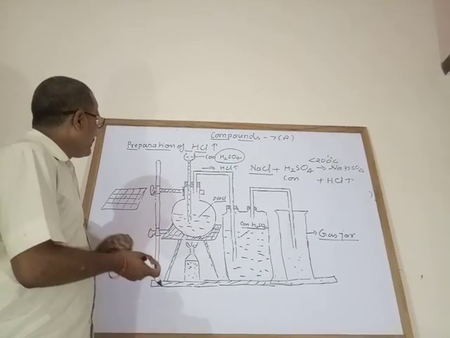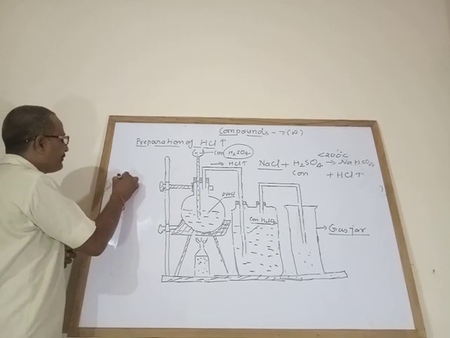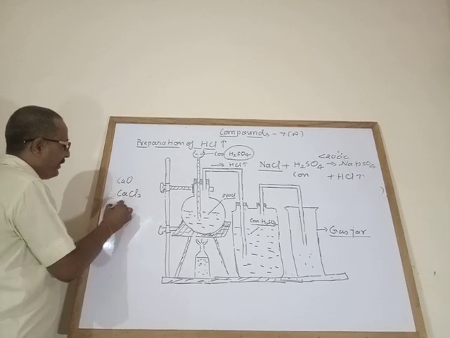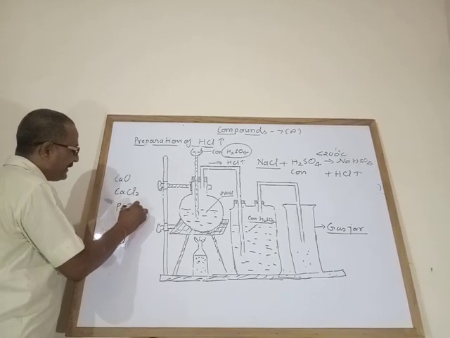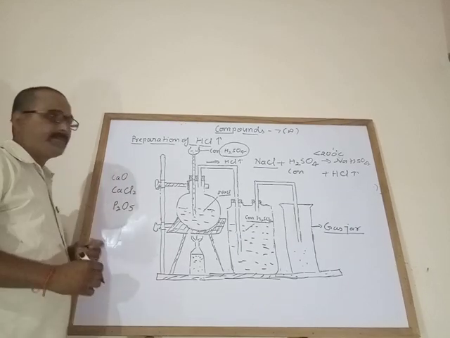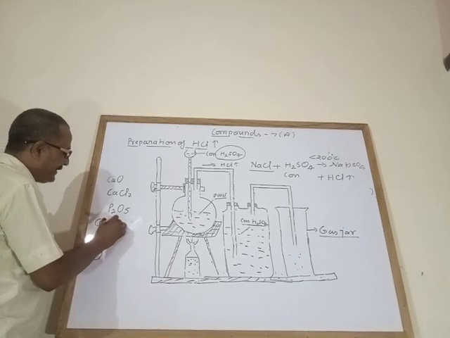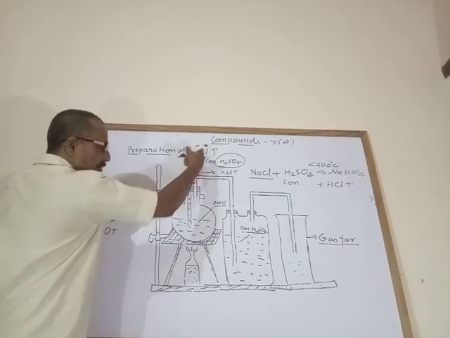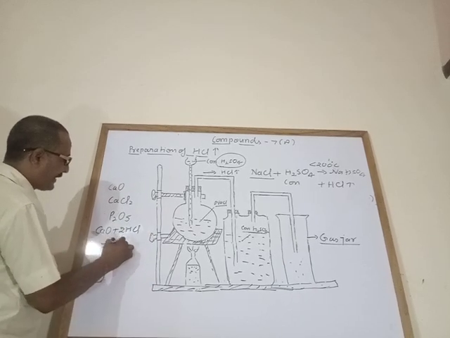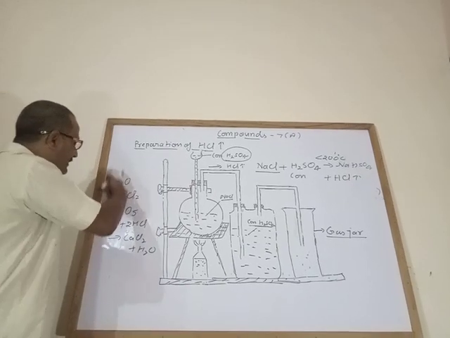There are some more drying agents like calcium oxide, calcium chloride, and phosphorus pentoxide. Why are we not using these drying agents? Because they react with the hydrogen chloride gas being formed and form other compounds.